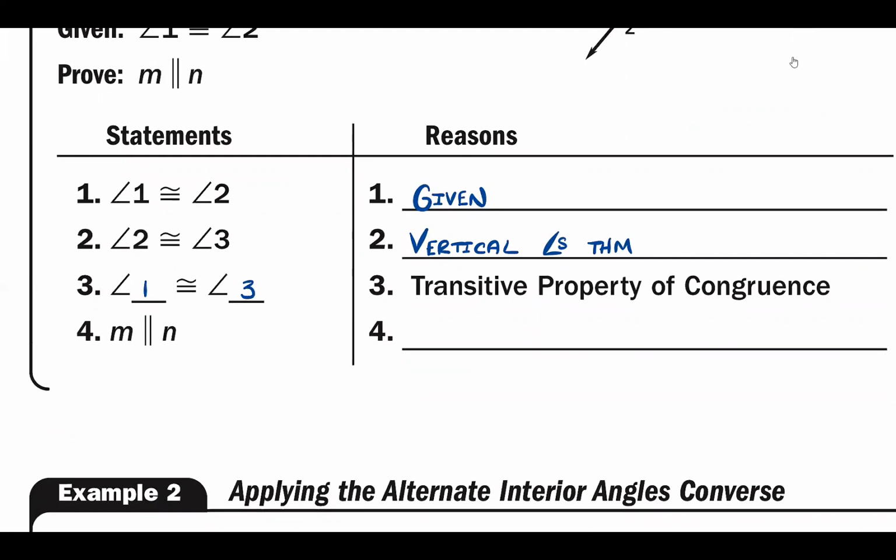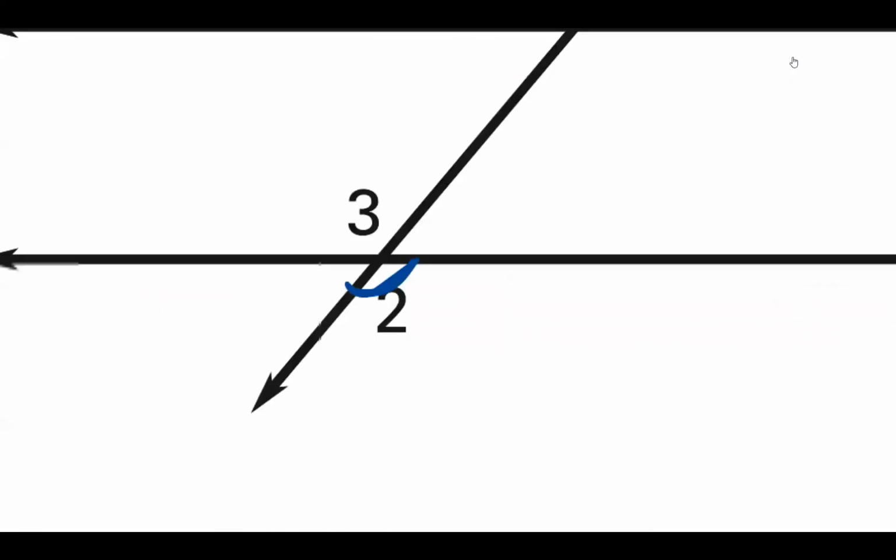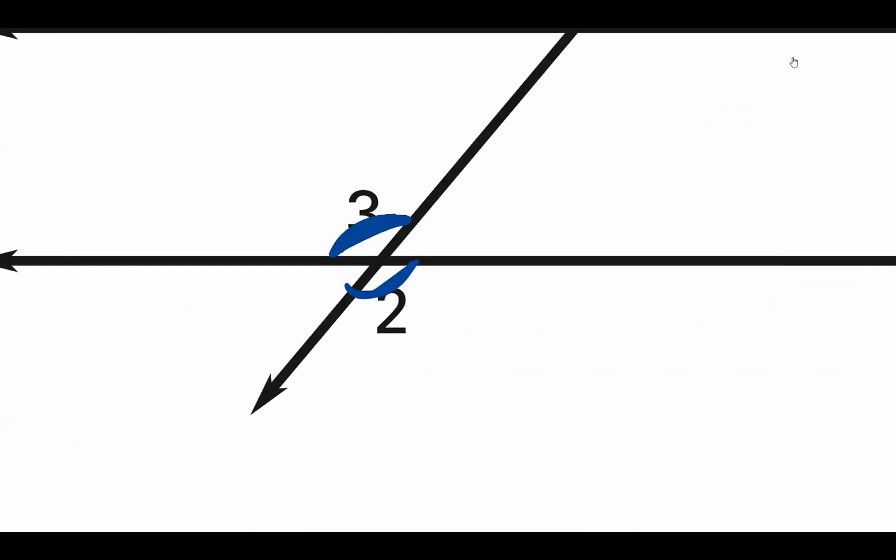All right. So how do I know M is parallel to N? I can use a couple here. What do you think? If 1 and 3 are congruent, so when I look at my picture, we can now say 3 gets this single hoop because it's congruent to 1.